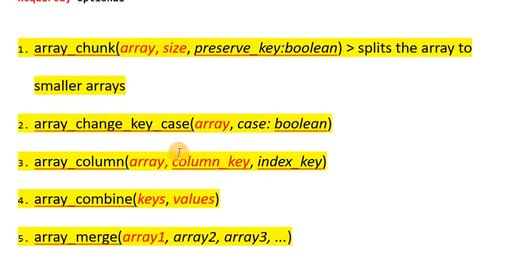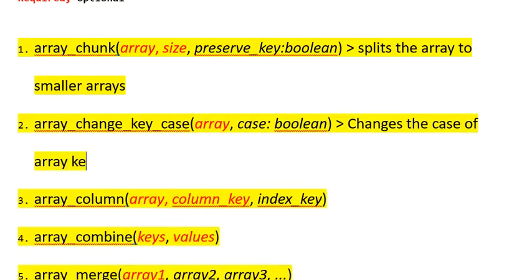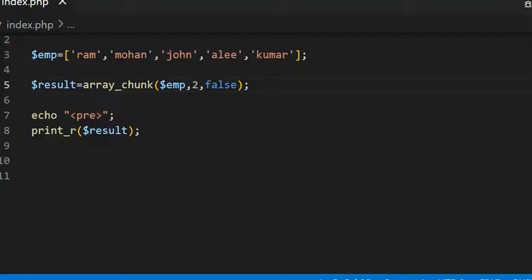Let me show you array change key case. Basically, it changes the case of array keys. Let me show you one example here, then you will be able to understand it more clearly.